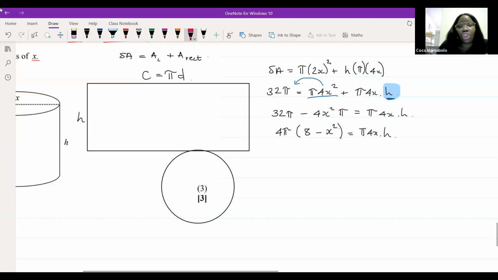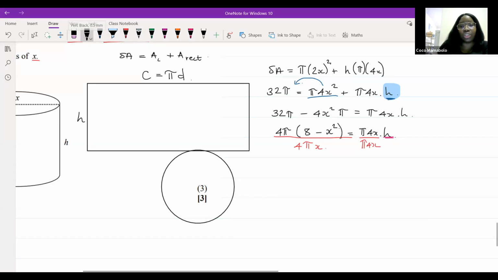I want h on its own. So what do I need to do to get rid of pi times 4x? Good, we need to divide. We're going to divide by pi times 4x on both sides. Divide this side by 4 pi x. I'm writing it in that order deliberately.